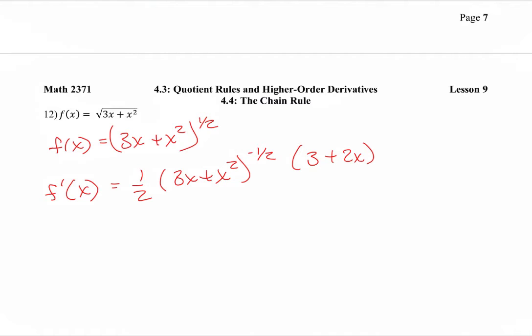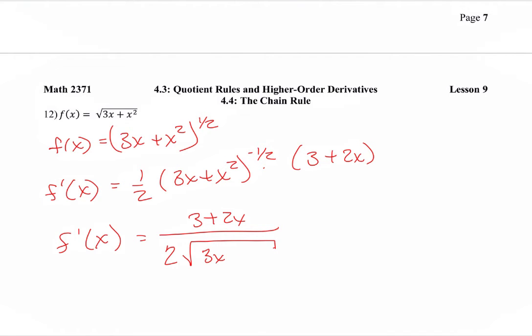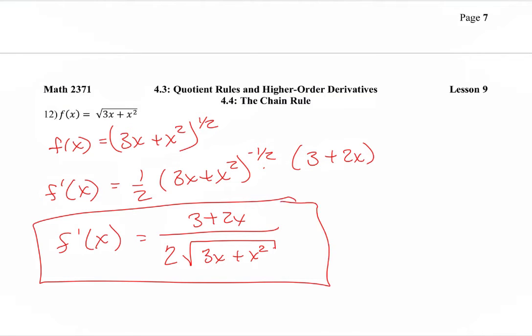Now, I should rewrite this with the square root because that's how my original is. So f prime of x equals 3 plus 2x in my numerator. The 1/2 moves to my denominator, so I have 2 over the square root of 3x plus x squared. Now, that's better. All right, I'll agree with that one.